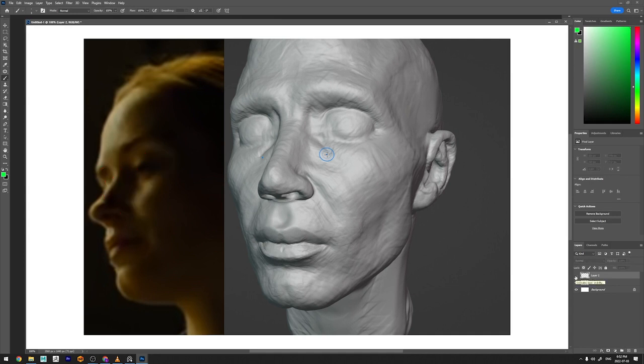Can we more or less figure that out just by looking at it? Can we estimate that by looking at it? Because if we're able to observe what is the angle between those two planes, then afterward, once we sculpt our 3D character, we can ask ourselves the question, do I have the proper angle here?